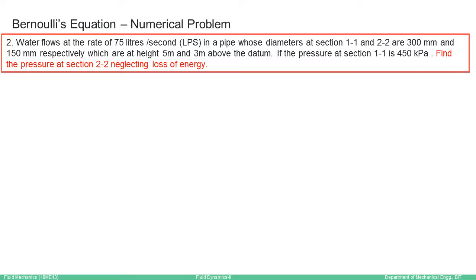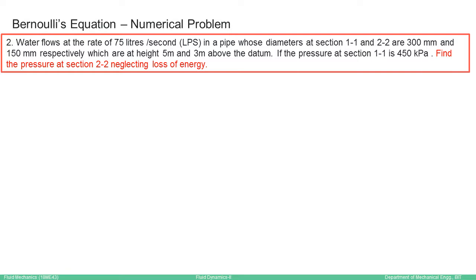So the last line says find the pressure at section 2 neglecting loss of energy. So this case is of an ideal fluid, so E1 is equal to E2, where energy at section 1 should be equal to energy at section 2.